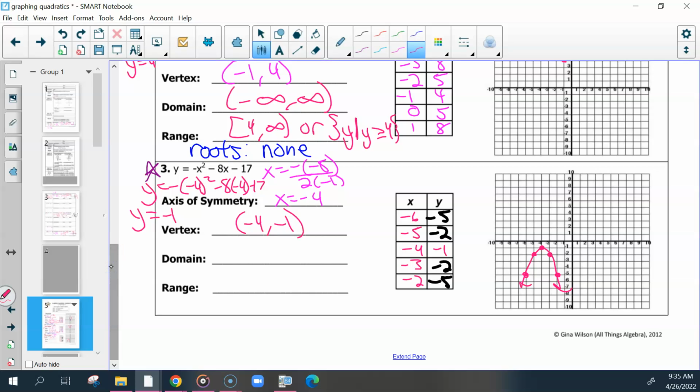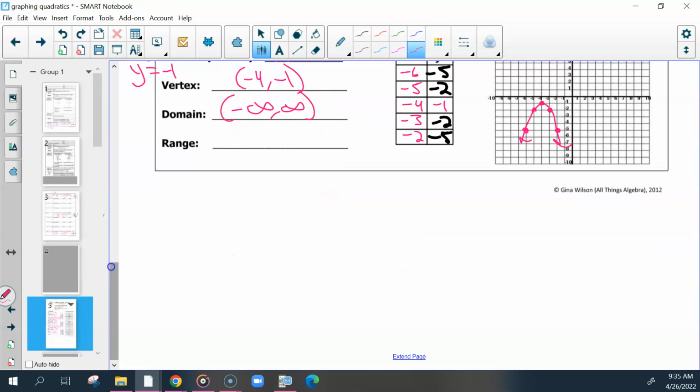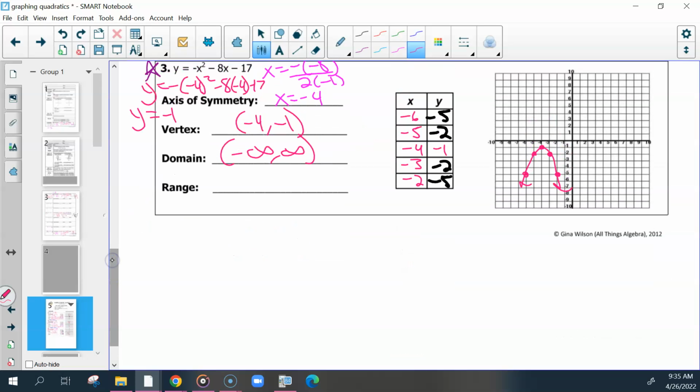Domain of this would be all real numbers. Range of this would be y is less than or equal to -1. I'll write the set builder first: y is less than or equal to -1, or in interval notation, that would be negative infinity to -1.